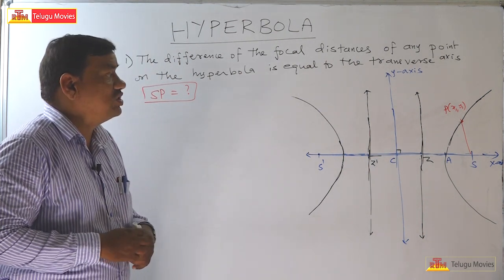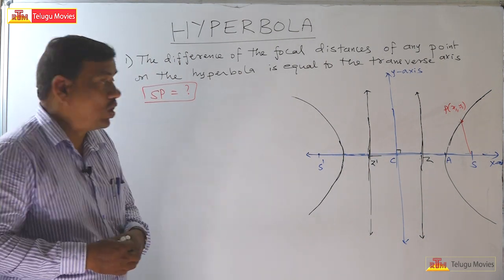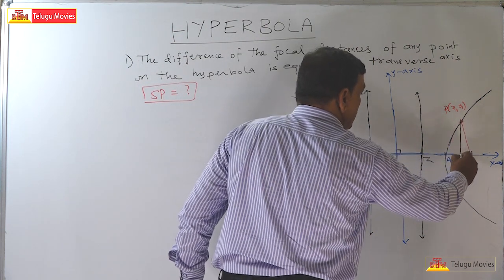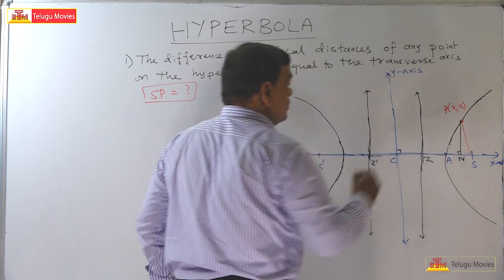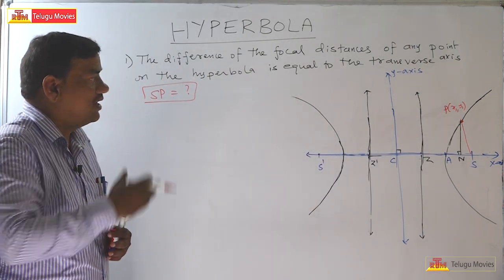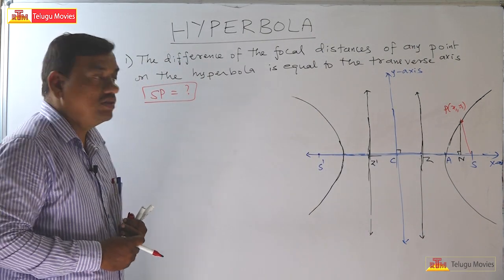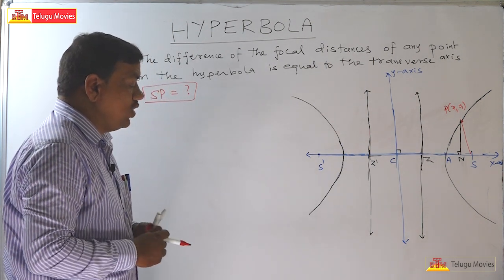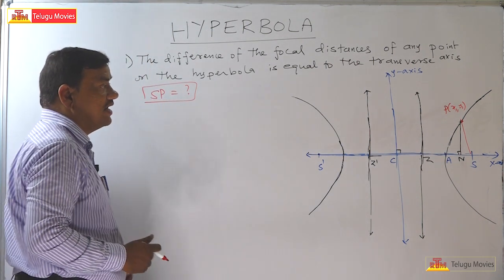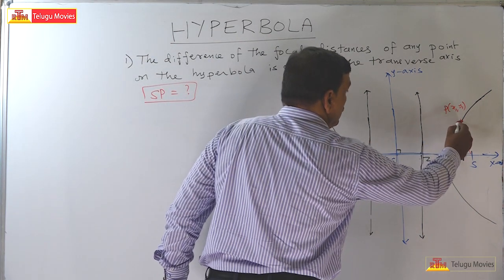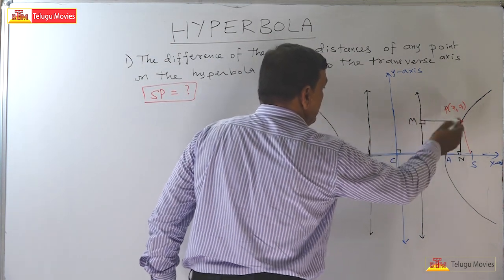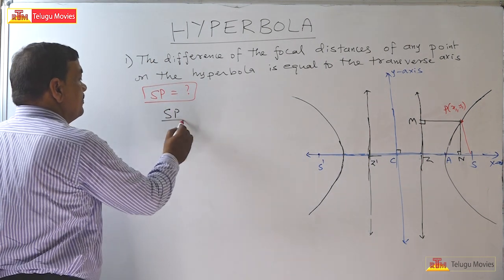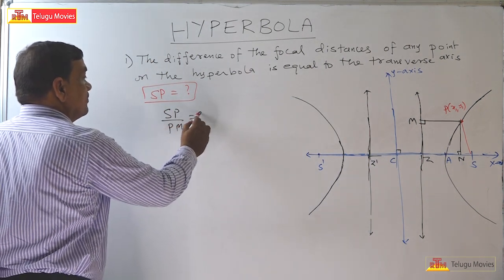To do this, let us draw the perpendicular PN on the x-axis, that is, on the transverse axis. We know that by definition SP by PM is equal to e.